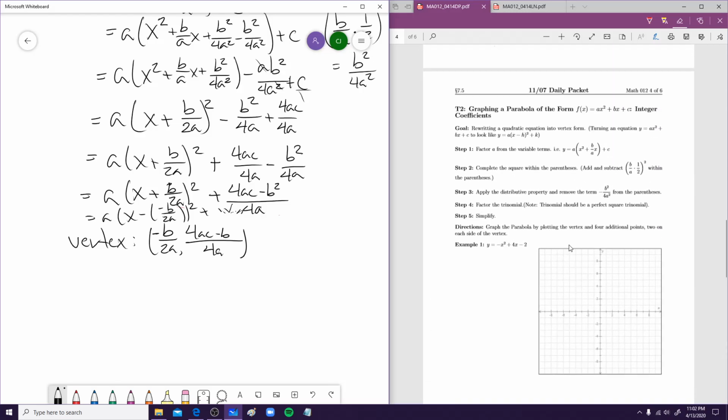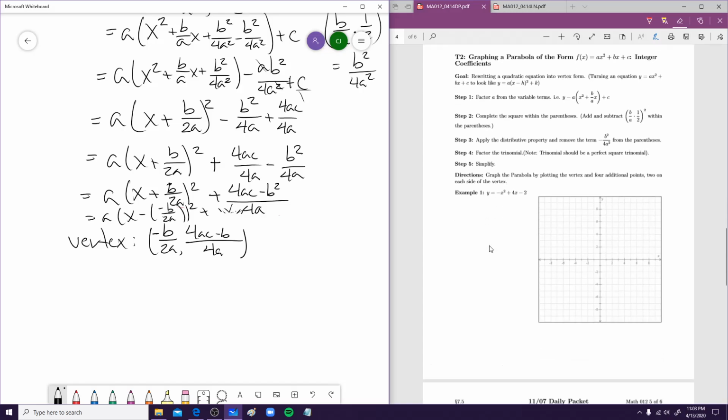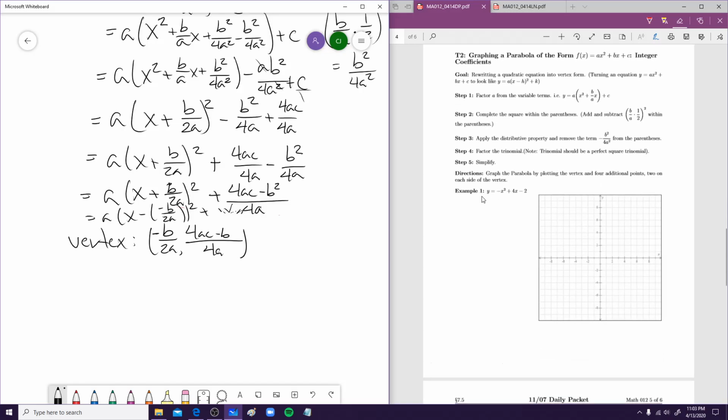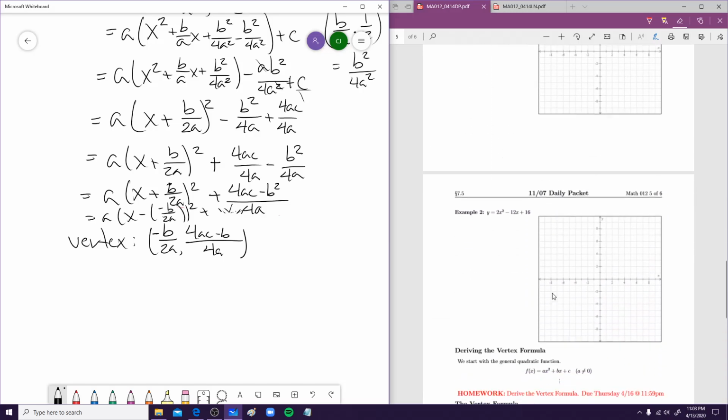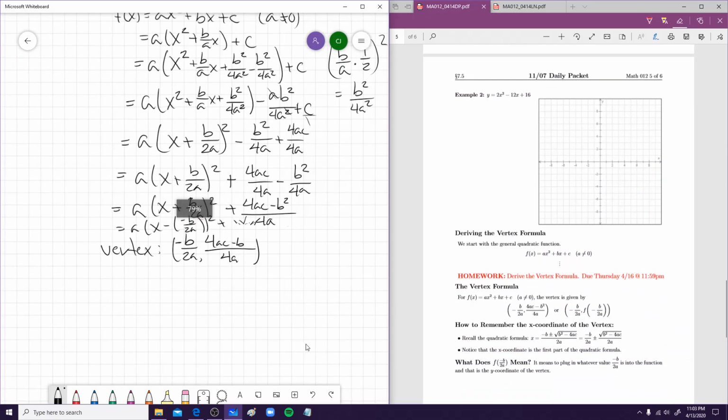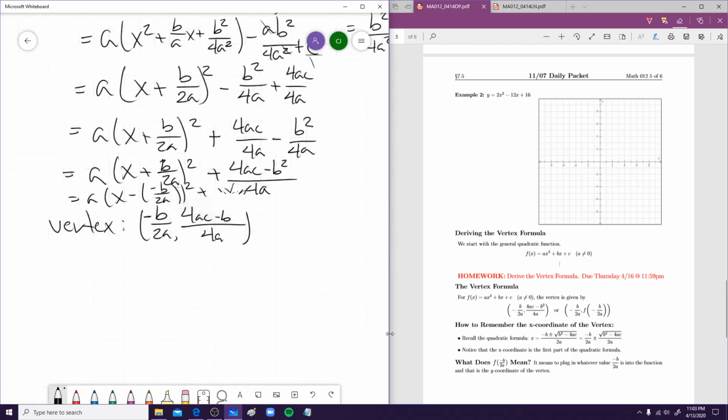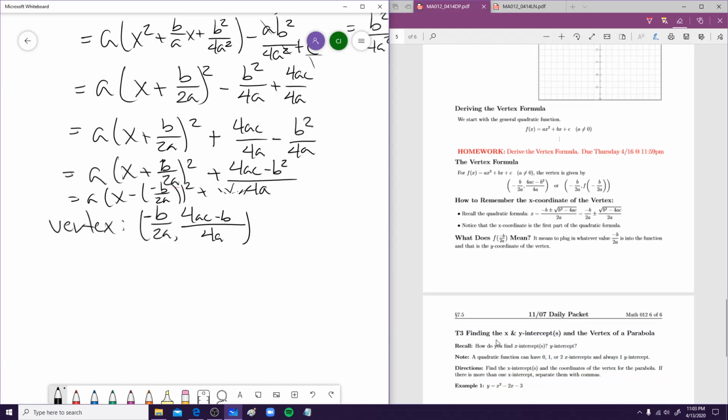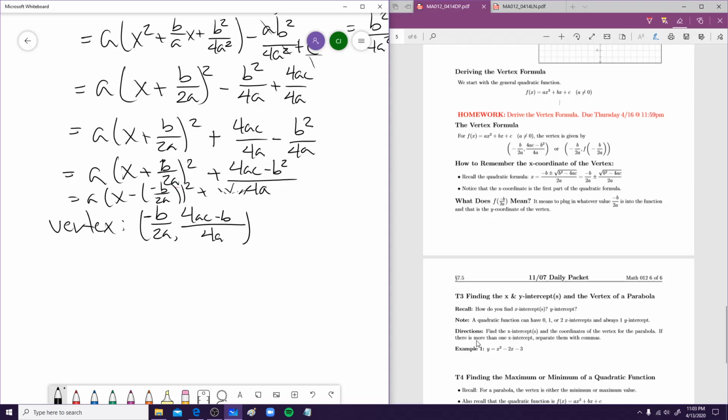That means that if you are not specifically told you need to put this in vertex form when you're given a problem that looks like example 1 or example 2 that we just did above, you are allowed to use this vertex formula as long as it's not explicitly stated that you need to put it in vertex form. So this is just the general vertex form.